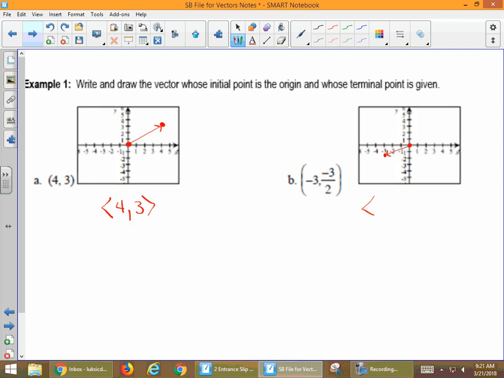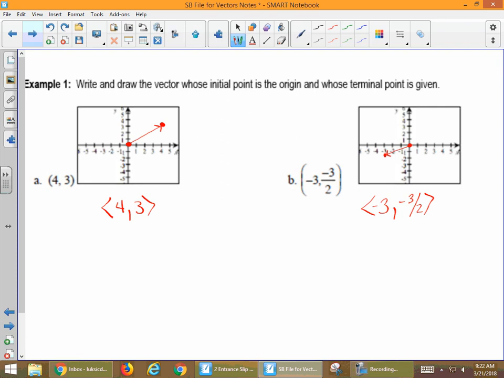Our horizontal component is negative 3. Our vertical component is negative 3 halves. So when you're starting at the origin, everything is very nice. Okay, when you start at (0, 0).